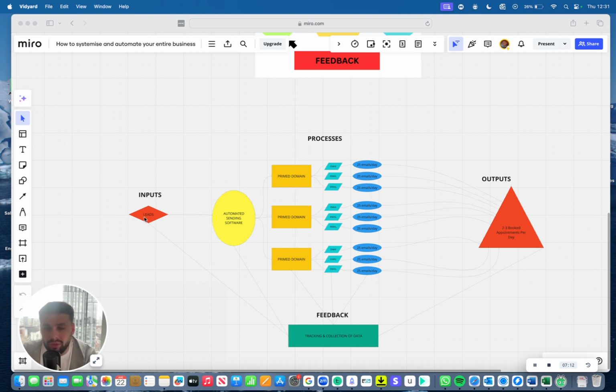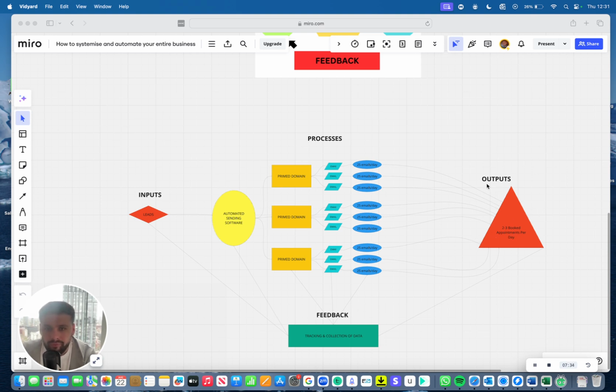So inputs, information going into the system, are then getting processed within this system. And then these 25 emails each that are getting sent out per day are converting into 2 to 3 booked appointments per day. So these are the outcomes of the system, the outputs.